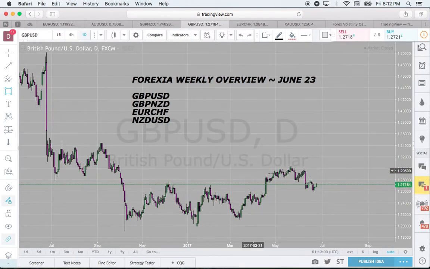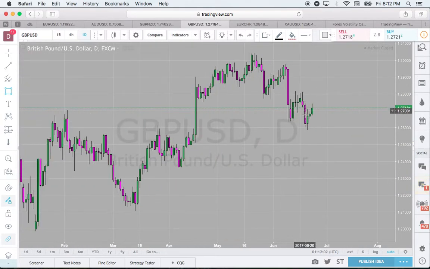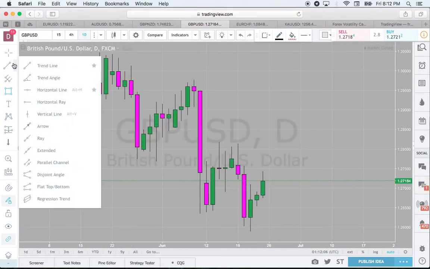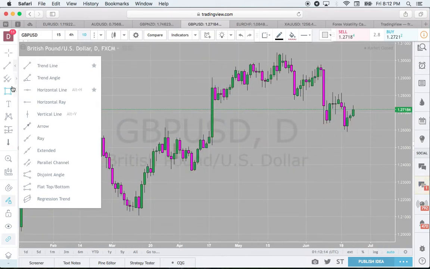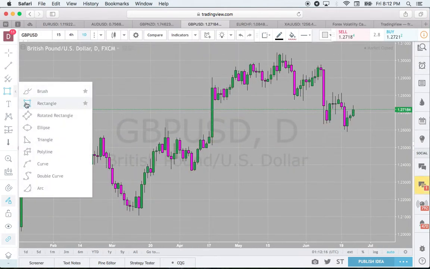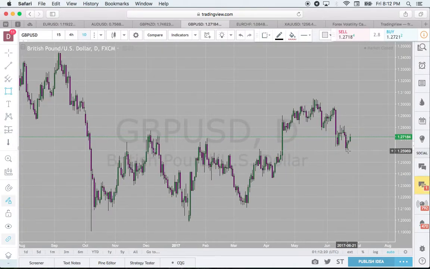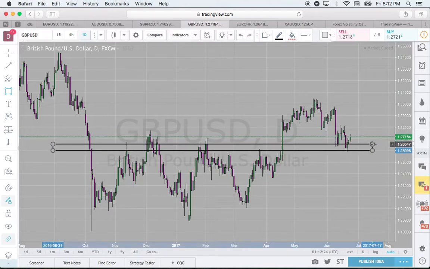Looking at the daily time frame, we see at the time, price was right here, right around here. So, I had placed buy limit orders in this area.